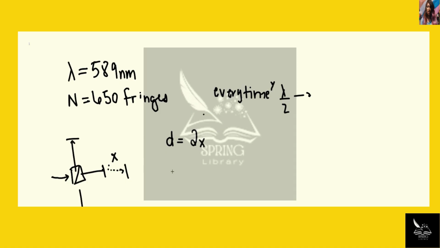And so now let's consider what it means that we've seen 650 fringes. For a fringe to appear, the optical path length difference d has to be an integer multiple of lambda, so d equals m times lambda.